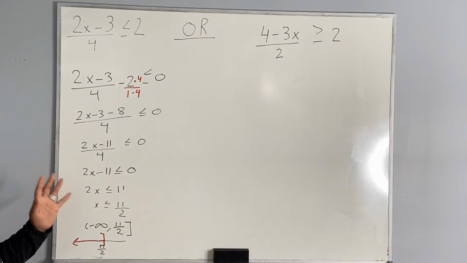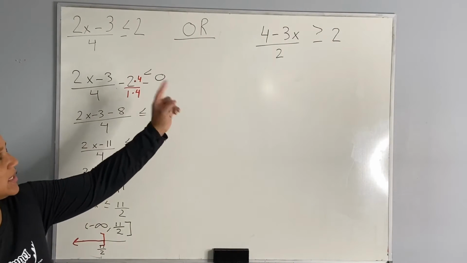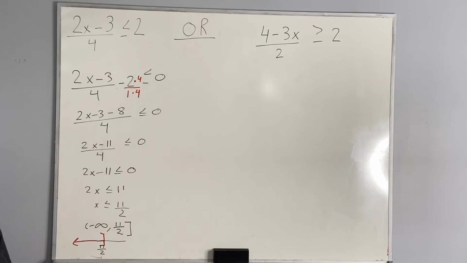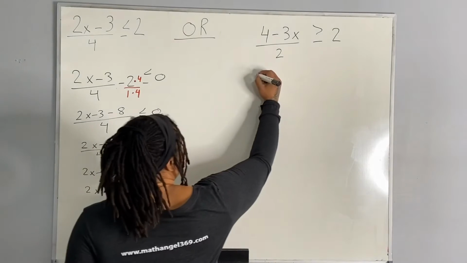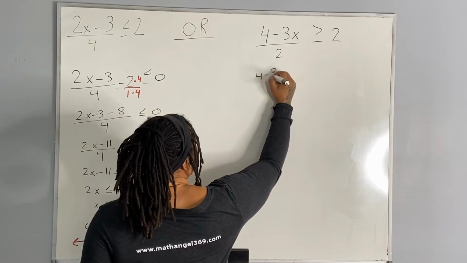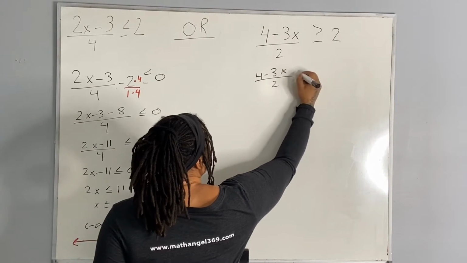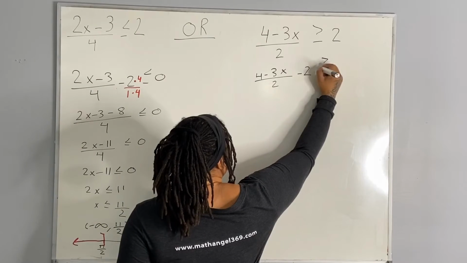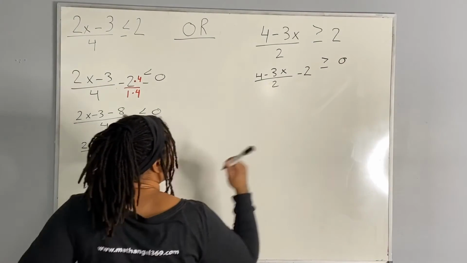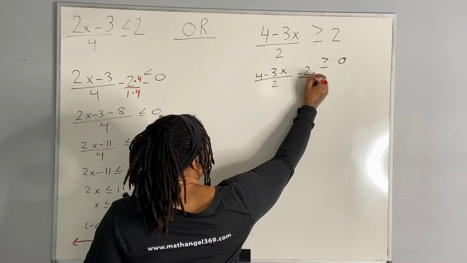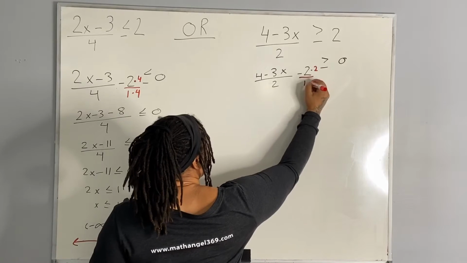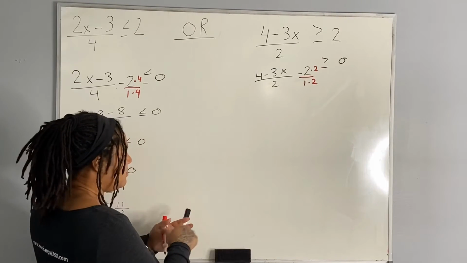Okay, so now we want to look at our second inequality and do the same thing. So we get (4 minus 3x) over 2 minus 2 is greater than or equal to 0. And I need a least common denominator, which is 2, so I'm going to multiply the top and the bottom by a 2.